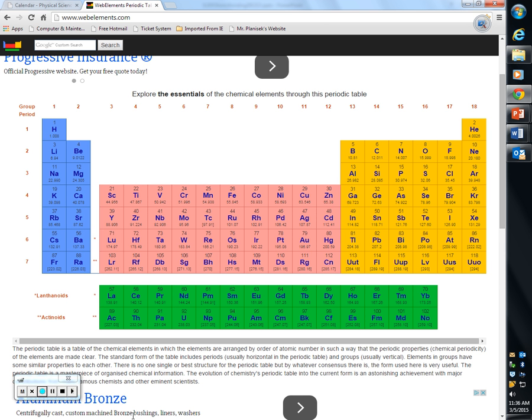Group 2 has 2 valence electrons. We basically said we're going to skip over our transition elements, so all the pink and the green ones on this periodic table. And we pick it up here at 13, 3, 4, 5, 6, 7, 8. We said that the magic number as far as valence electrons is concerned is 8, right?